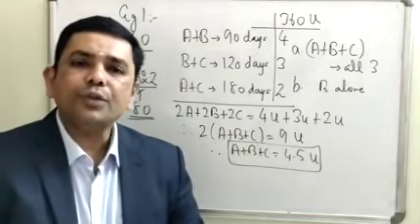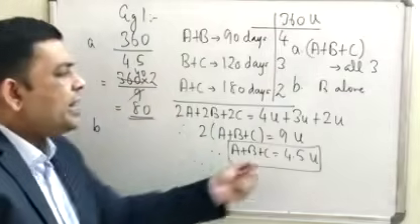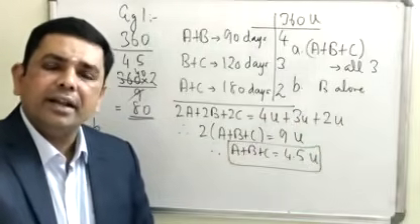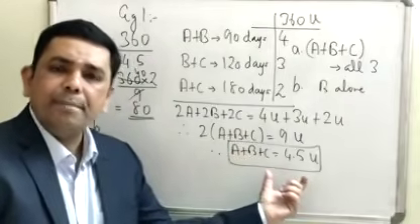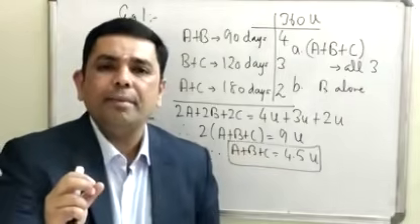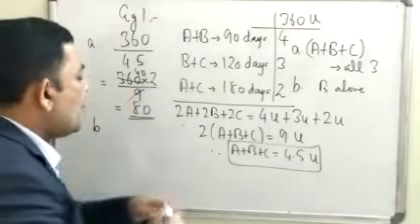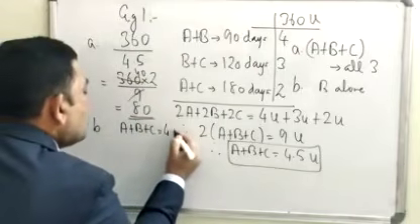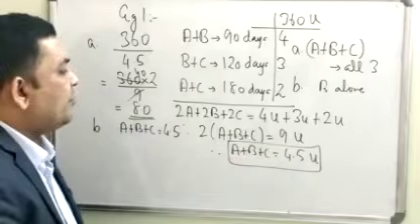Alright. What is the second question? The second question is, in how many days can B do it alone? Now, as I said earlier, the minute I get the combined efficiency of all 3 of them, from here you will be able to answer any question that you want. Alright. So we know that A plus B plus C is 4.5 units.